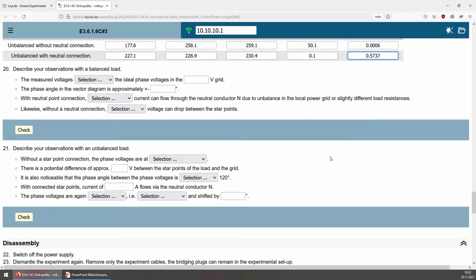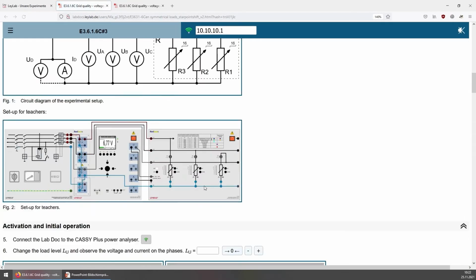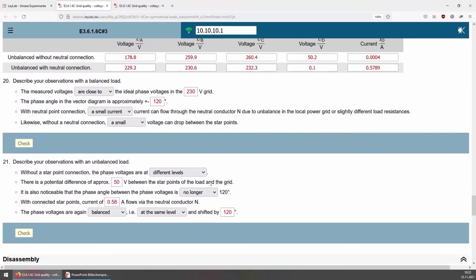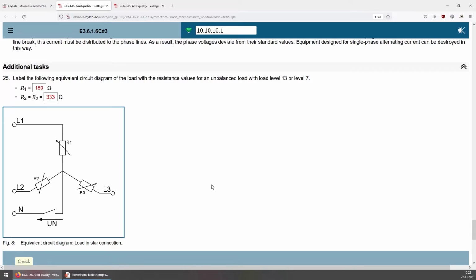Your students are now tasked to describe the observations, but for this I will go to the teacher's manual, because then you can see all the solutions already. I can go through their observations, and then if they want to, they could calculate the neutral point shift on their own using this template here.